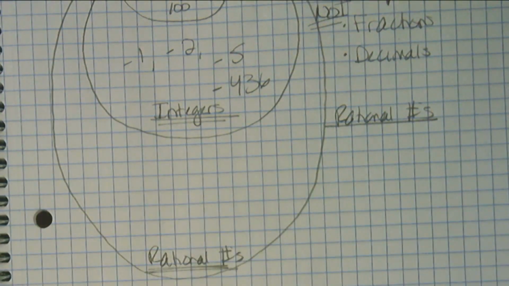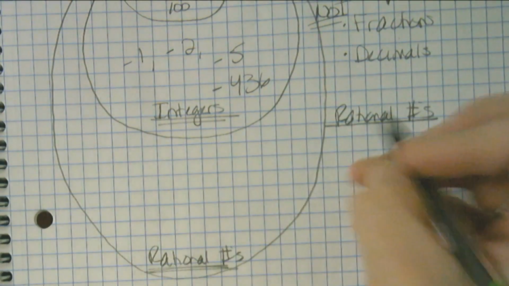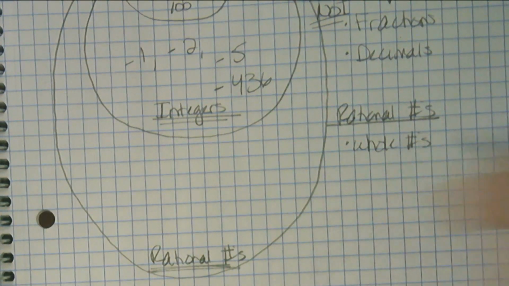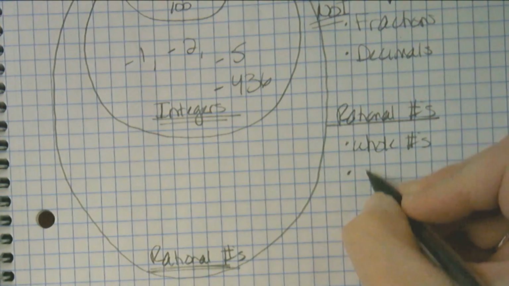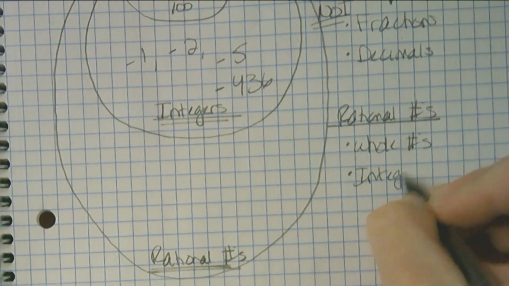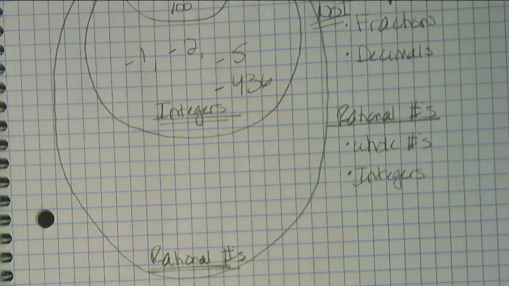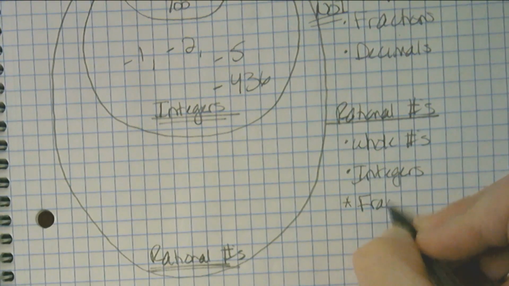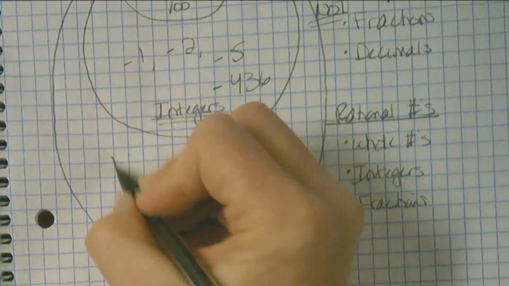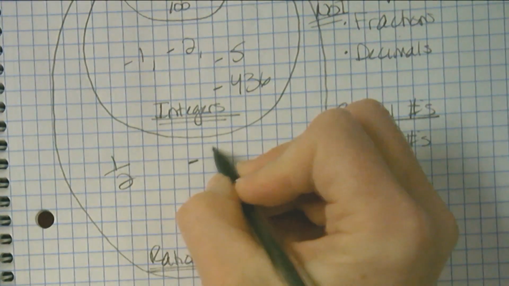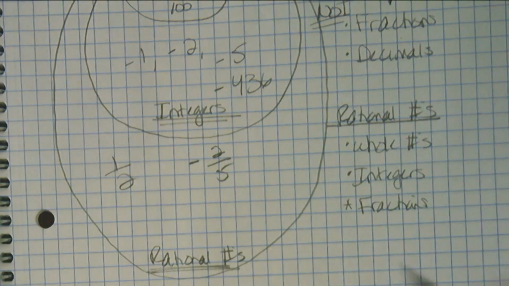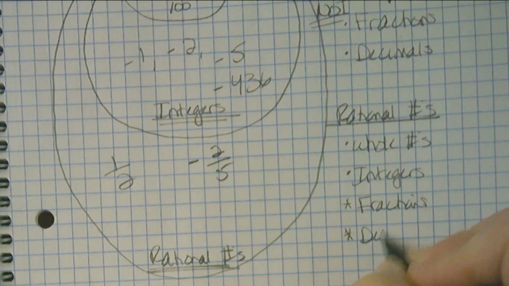Rational numbers are whole numbers. They are integers. Integers are whole numbers, so our whole numbers are part of the integers. But they also are fractions. So that's 1/2, -2/5. And they are decimals.